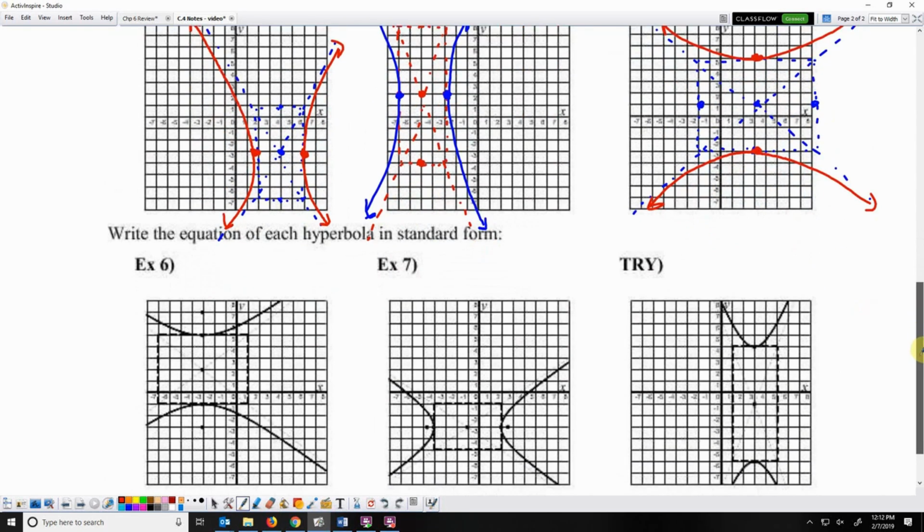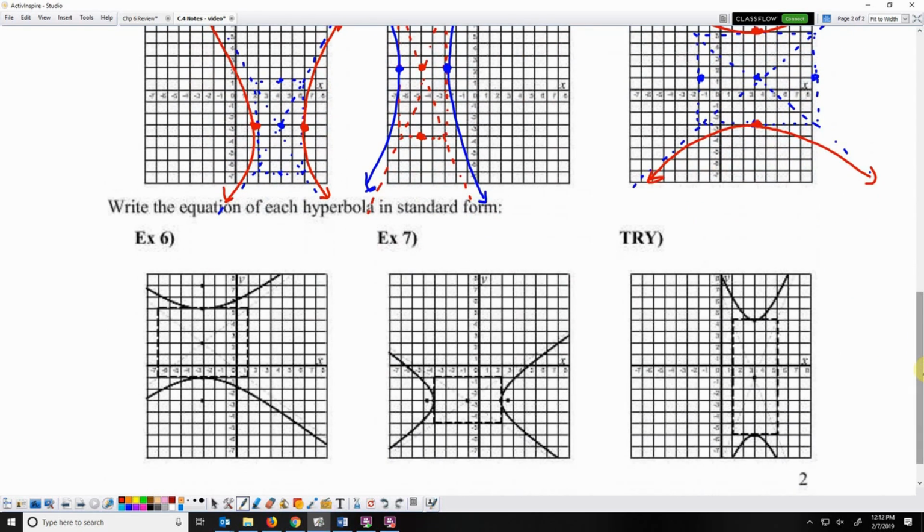And now we are going to write equations of hyperbolas. So this first hyperbola opens up and down. It is vertical, so y will go first. The center of this hyperbola is at negative 3, positive 2.